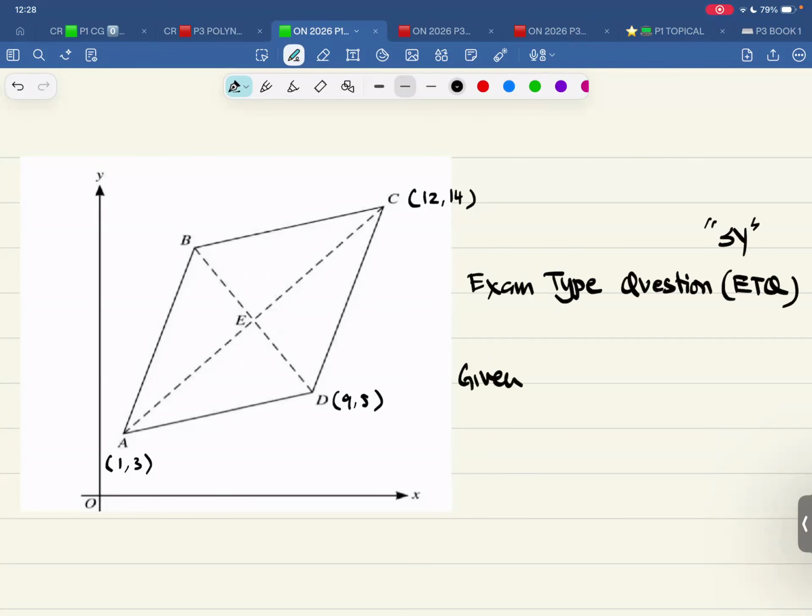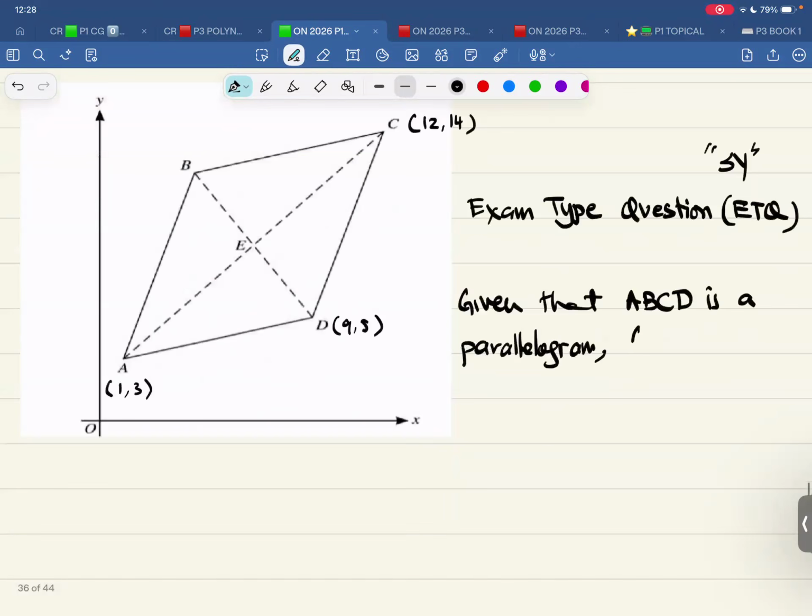Given that A, B, C, D is a parallelogram, find the coordinates of B.